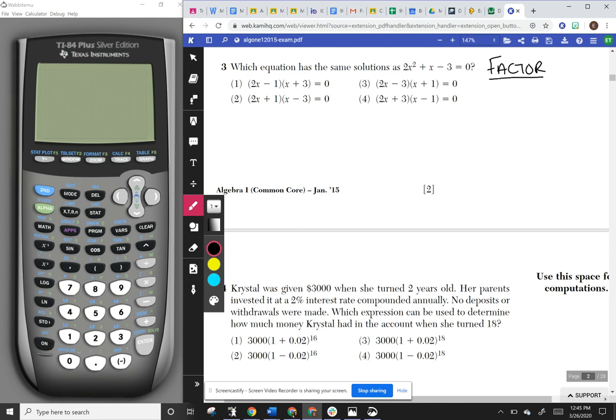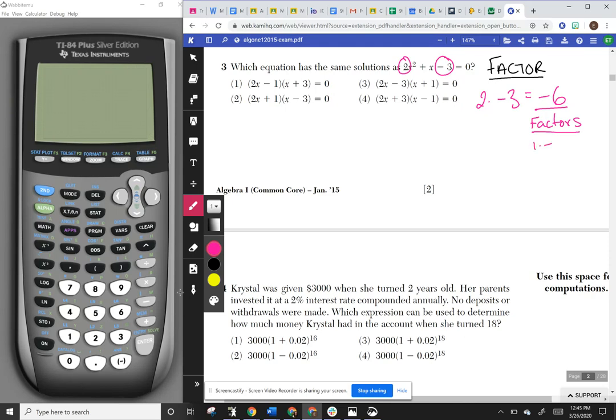Okay, so in this case, since a is not 1, the first thing you need to do is multiply these two. 2 times negative 3 equals negative 6. So we want to find the factors of negative 6. Let's just find the factors.